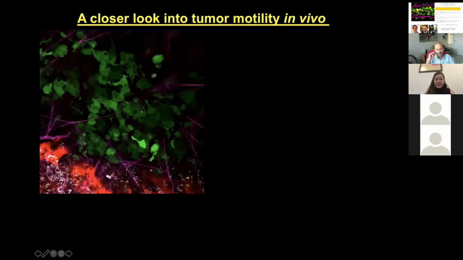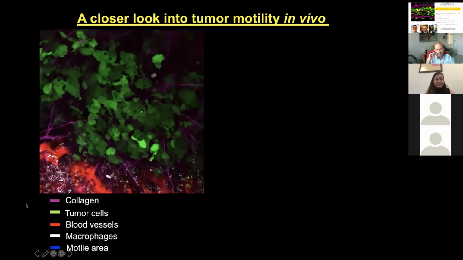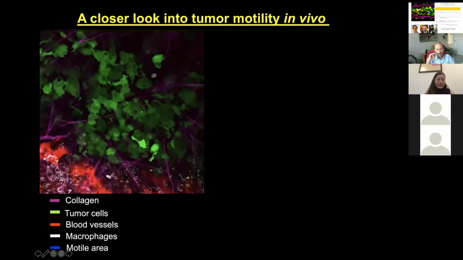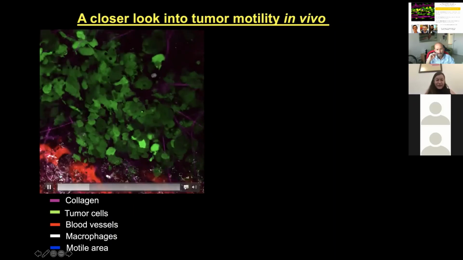So another thing that we wanted to do is, of course, image these cells dynamically. Here I'm showing you the collagen fibers and then the non-photoconverted tumor cells. The dye has been injected here in red, and there are perivascular macrophages static all around the vessel.